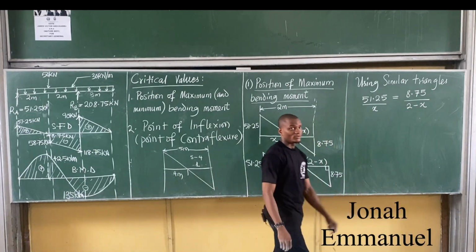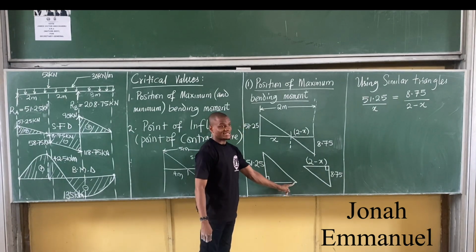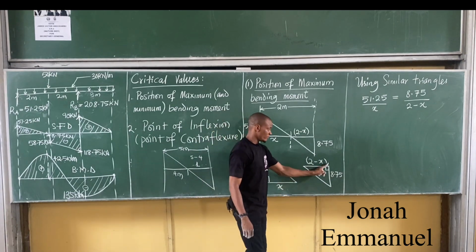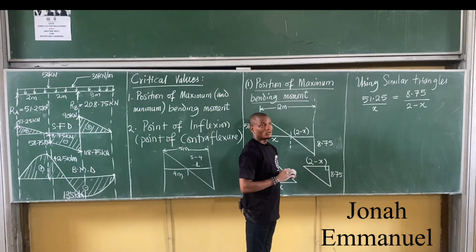That's the concept, that's all. Vertical all over horizontal for this is equal to vertical all over horizontal for this. That's it. What next now?